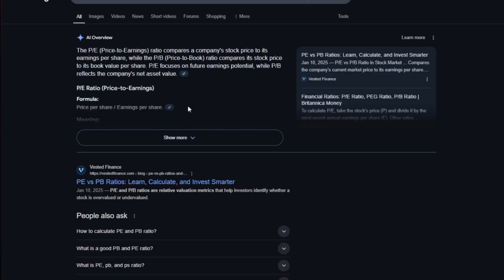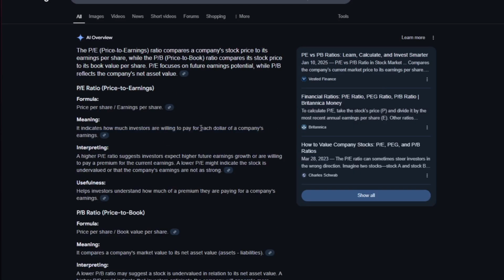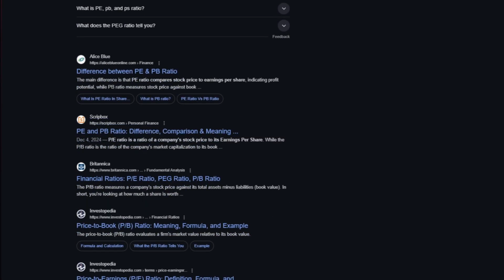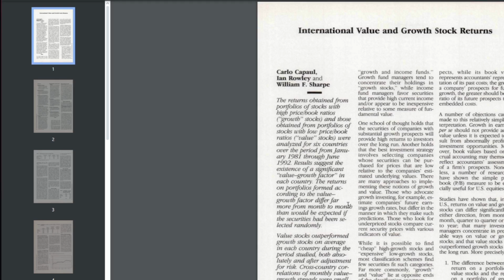I guess book meaning the assets that the company owns, and how much you would get out of it if it was liquidated at that particular moment, or its total valuation. Yeah.